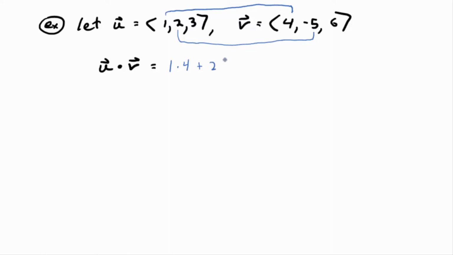So 2 times, I'll use parentheses there, negative 5. And then what am I going to add that to? 3 times 6. So plus 3 times 6. Now, normally I wouldn't show that work, because you can do that in your head if you want. So what's that? 4 plus a negative 10 plus 18. So what does that turn out to be? 12.